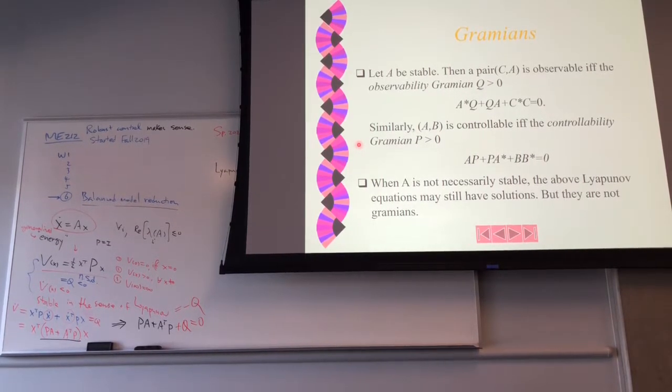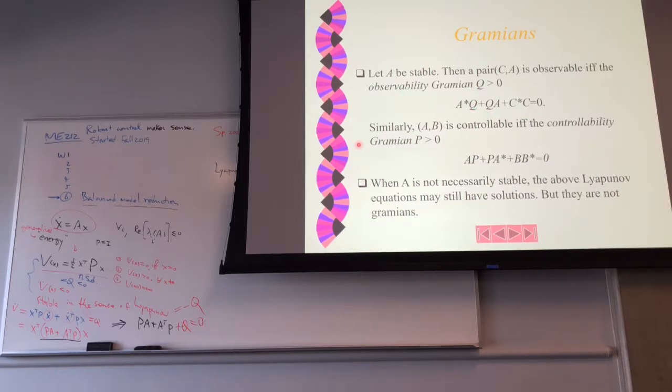We talked about using the Q to satisfy that, and then you put this as C transpose C. Then if C comma A, with C as the output matrix, is observable, the Q solution from the Lyapunov equation will be your observability Gramian.